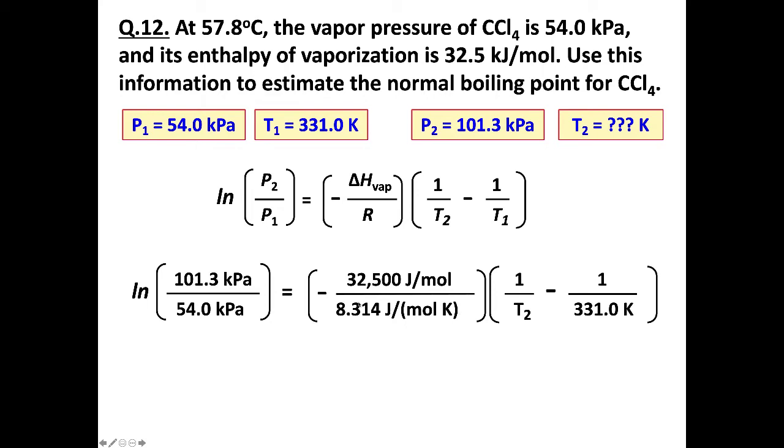So either R needs to be changed to kilojoules, or the delta H needs to be changed to joules. I chose the latter. And so now the joules will cancel and the moles will cancel and the units of Kelvin will survive, and that's going to end up canceling out with the Kelvins here. And then 331.0 Kelvin is T1 and T2 is not known. So we're going to solve this for T2.